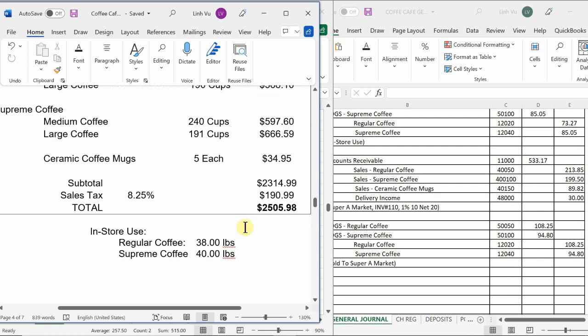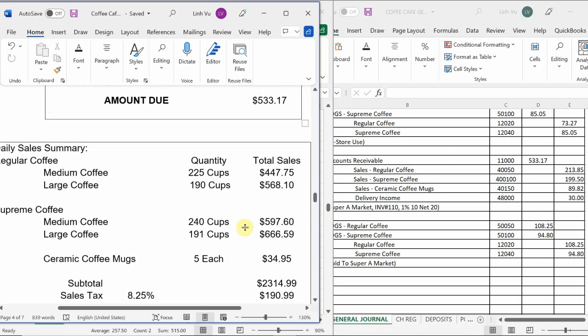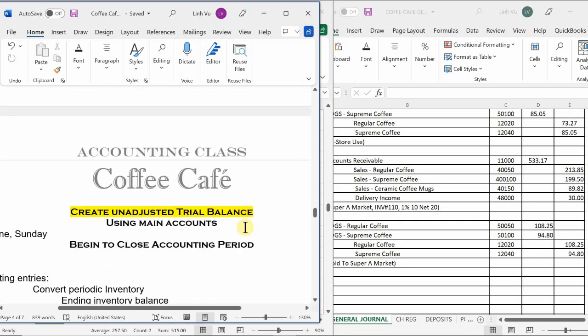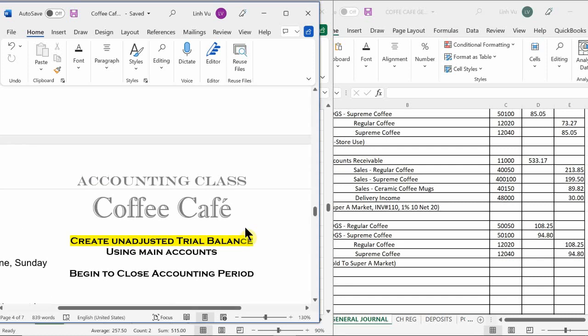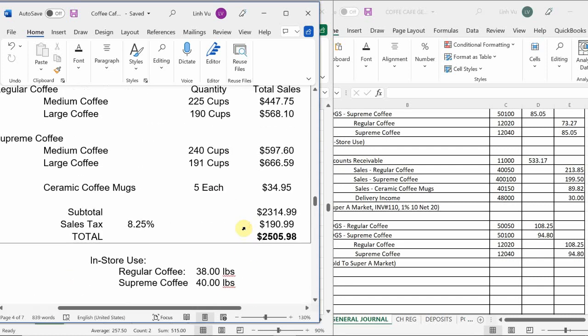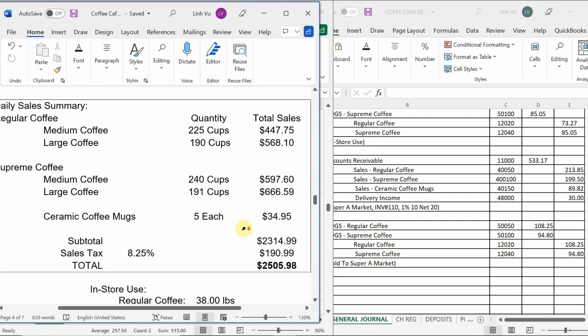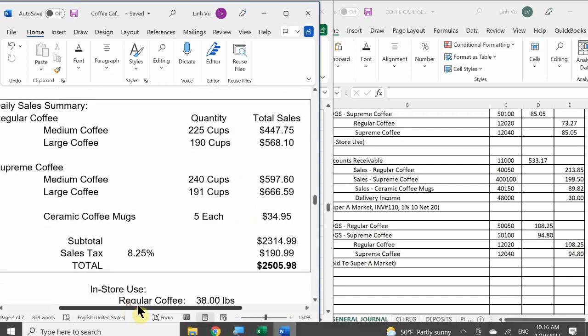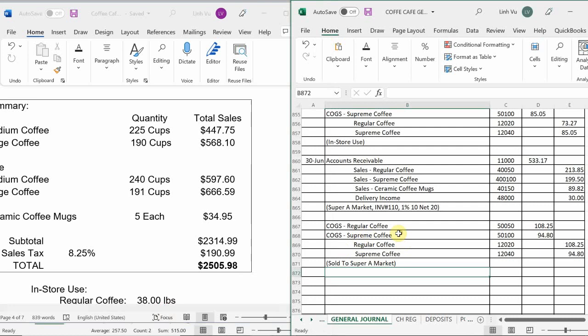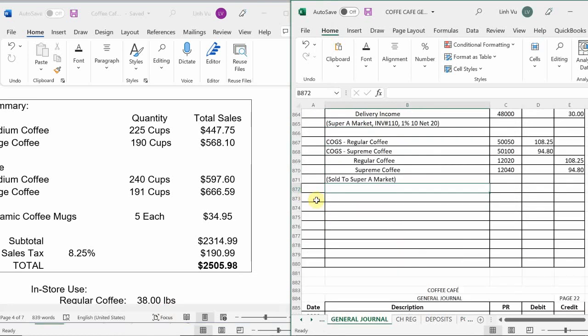Okay. Last but not least, right? This is the last thing that we have left before we need to go ahead and do our unadjusted trial balance here. We have our last daily sales of the day. Let me see, 1, 2, 3, 4, 5, 6, 7, 8.